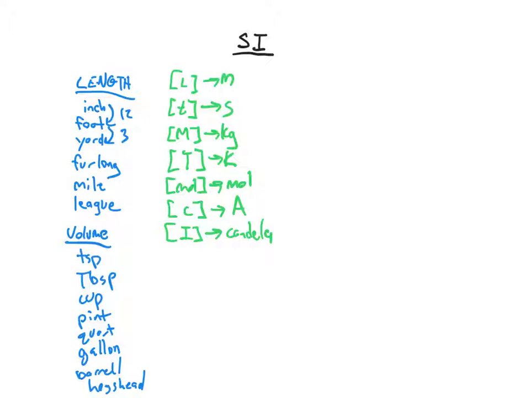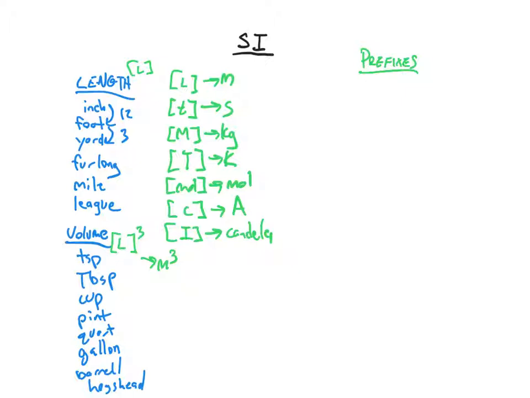And so, for example, length, we just say is L. Now, all these units of volume are just L cubed, which becomes meters cubed, right? And now when we want to go back and forth, so if we want something smaller than a meter or larger than a meter, then we have certain prefixes that we use, right?